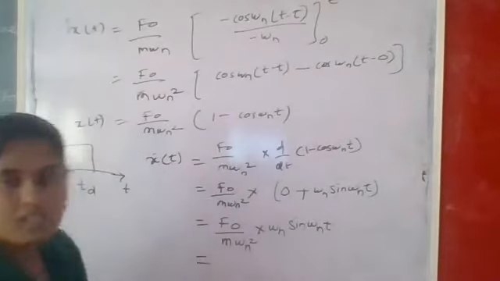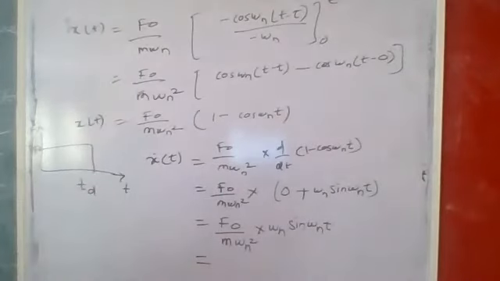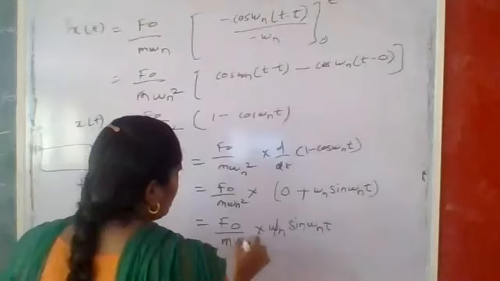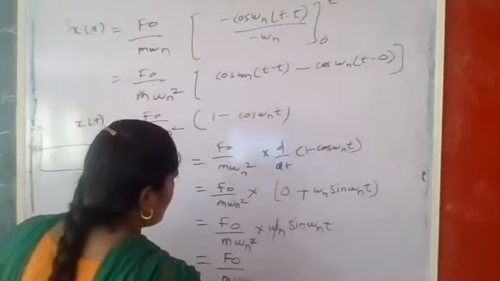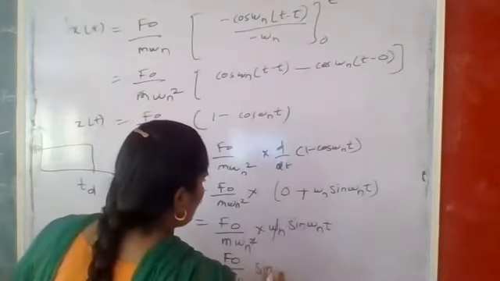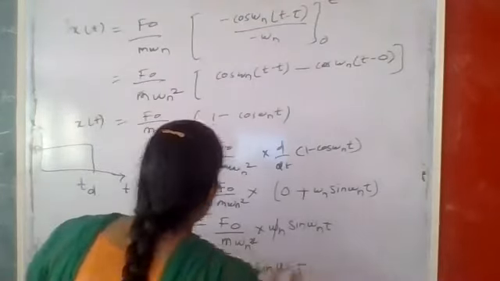Here we can cancel omega n from the upper and lower side. The remaining term is f naught upon m omega n into sine of omega n t. That is the equation.